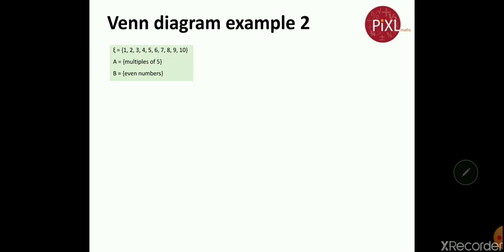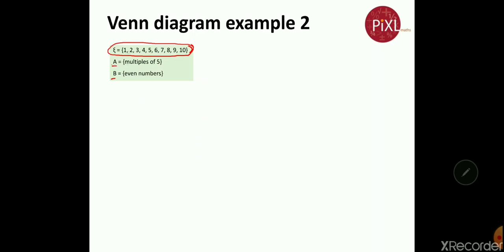So here it says we have these 10 numbers here. So this piece here, that's going to be considered our whole universe of what we're talking about, the whole entire set of what we're talking about. And then we have these two more specific sets. Okay? So again, to represent this, well, first off, let's look at what is in each of these sets. So A, it says multiples of 5.